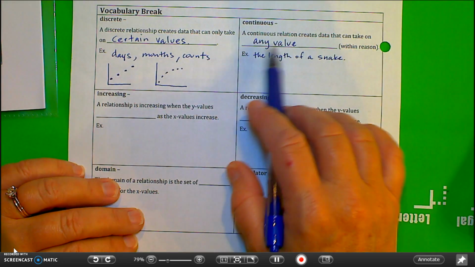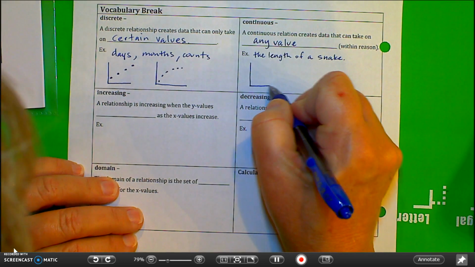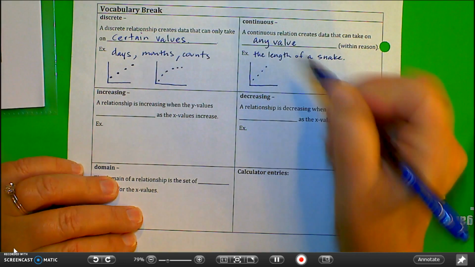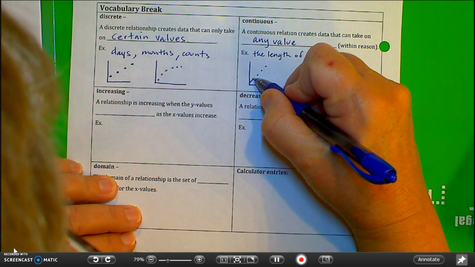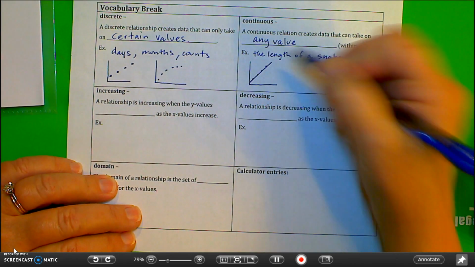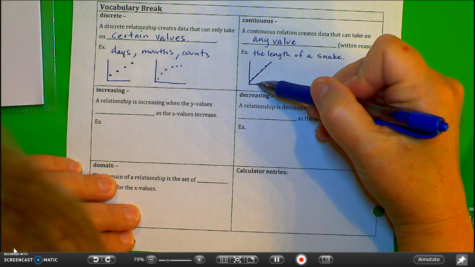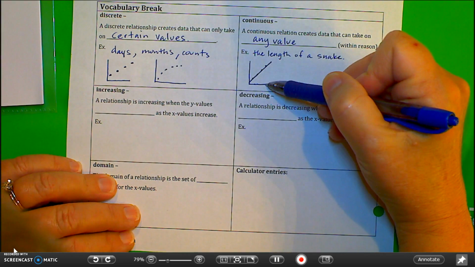If you were to graph a continuous relation, then usually what we would do is start with some values that we might generate from our equations, but then we would connect those values. What this means is for any value of x, we can calculate a y value.